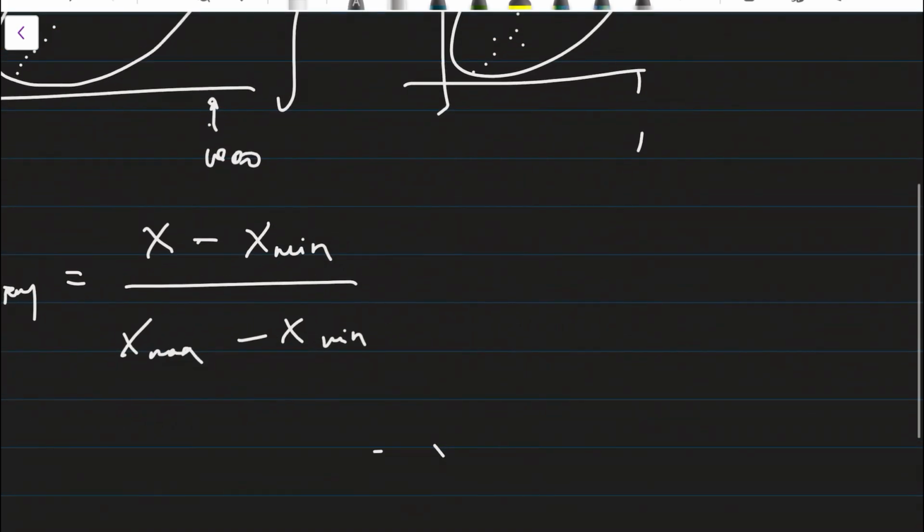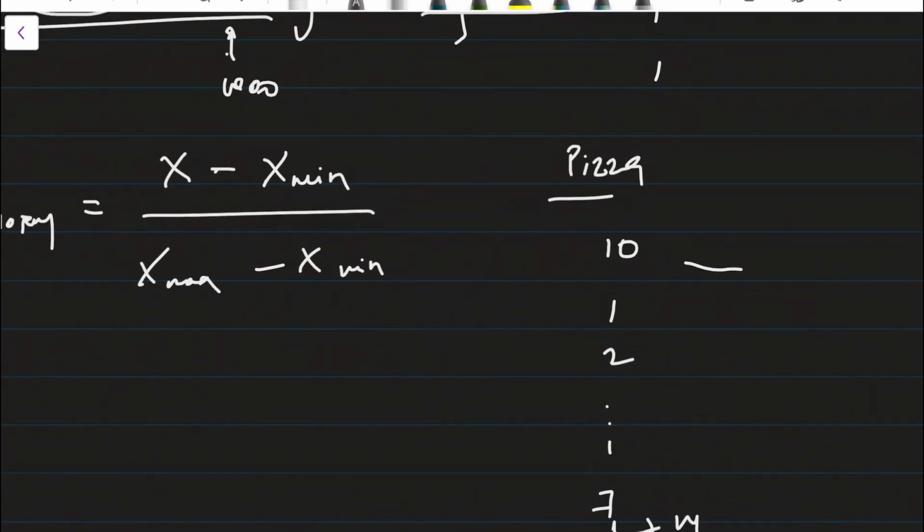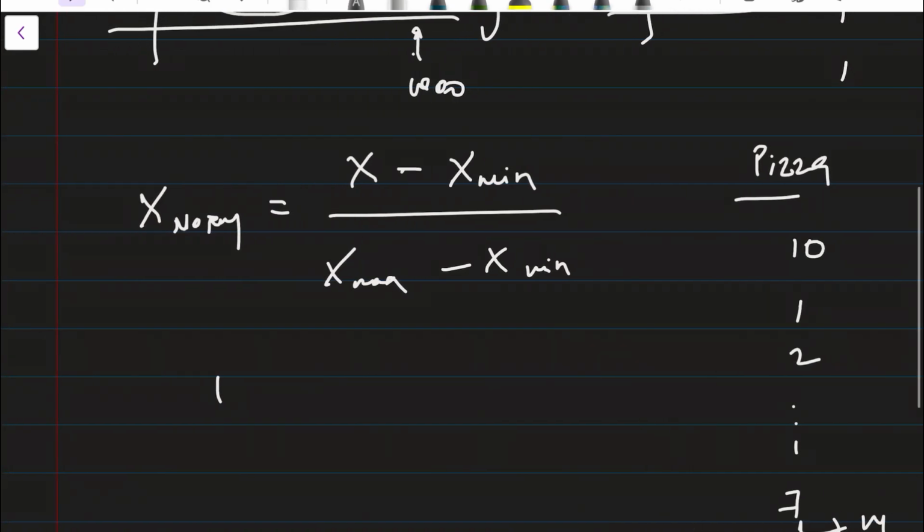Let us take the example of pizza. The rating of the pizza will be from 1 to 10, and some n number of rows will be presented. So how will we normalize it? So normalization, pizza norm.